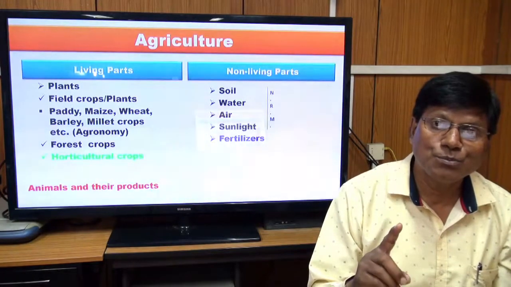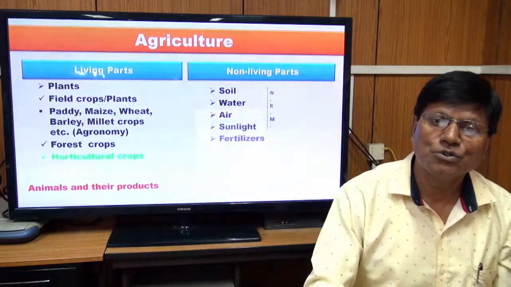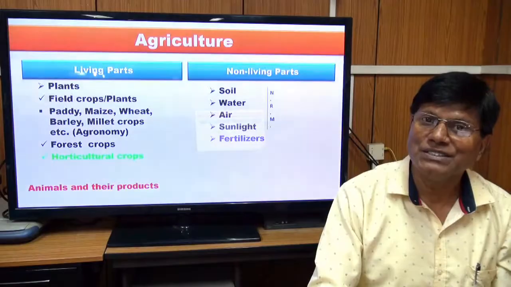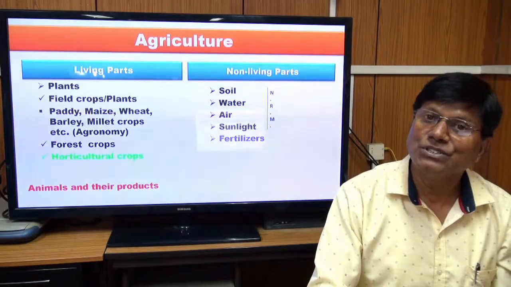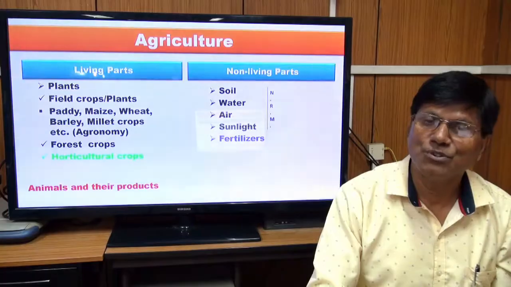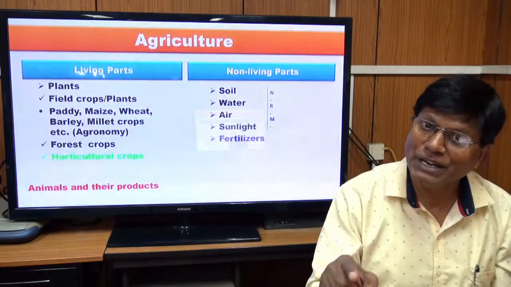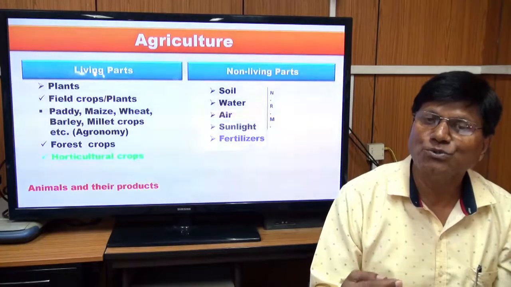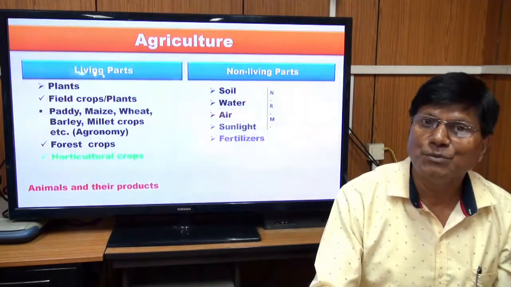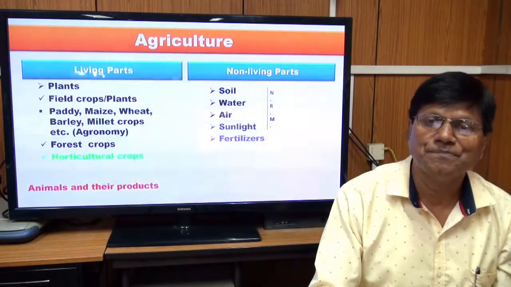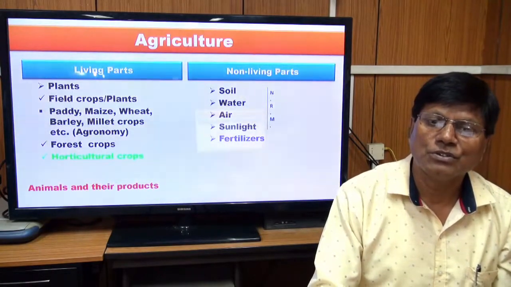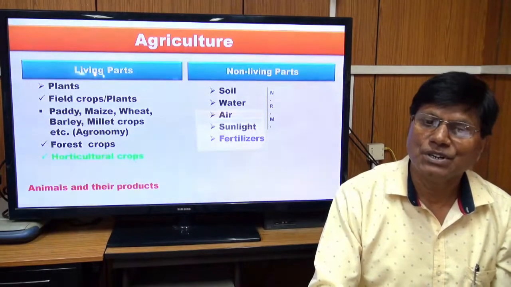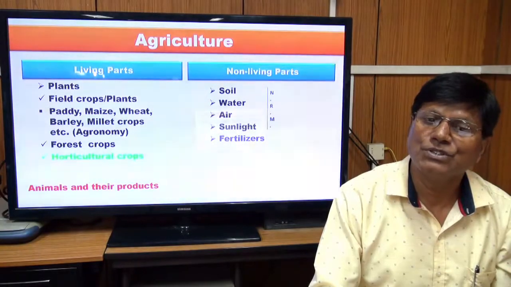These cannot be produced by a human being. They come under natural resources, which are managed to harness maximum benefit, ultimately to get maximum profit in terms of yield and money.